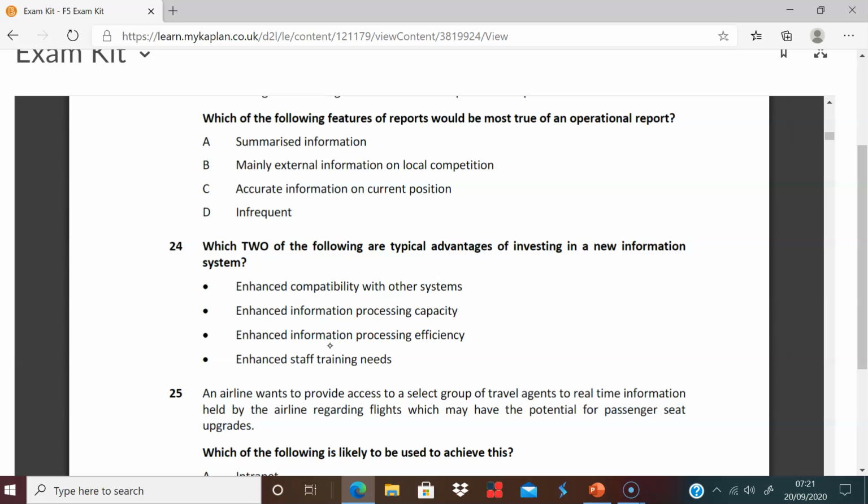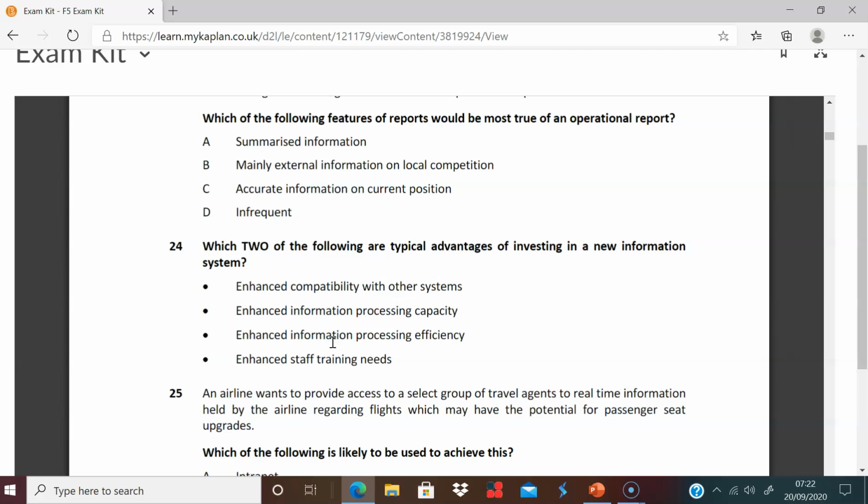I think what they should have written was, give two advantages, because the other answers are just drawbacks or consequences, I would say, rather than disadvantages. So for example, of course, advantages of investing in the information system, you have enhanced information processing.